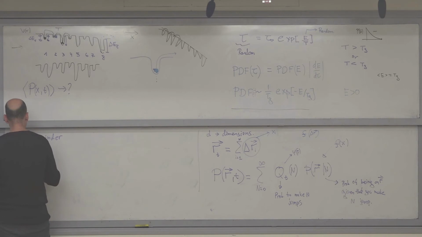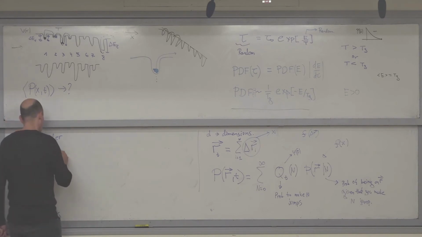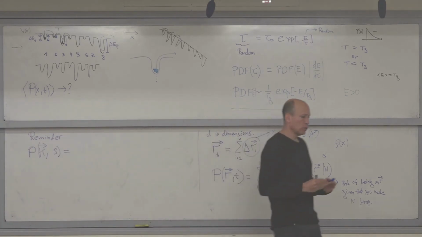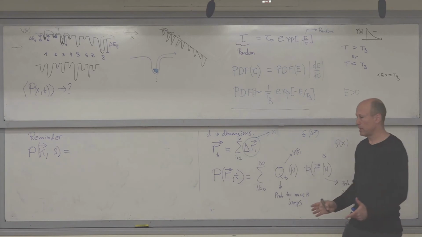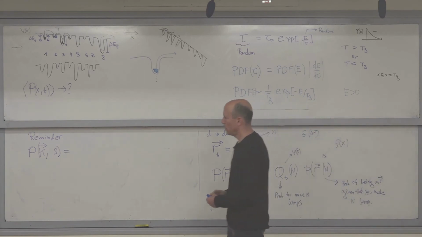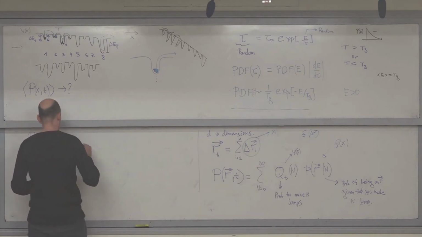But our goal is to find p of k, and which Laplace variable I'm going to use, s. Again, we know that it's always good to work in Fourier Laplace space, at least at the beginning, with this type of random walks. So this is simply, by definition, the integral from minus infinity to infinity.